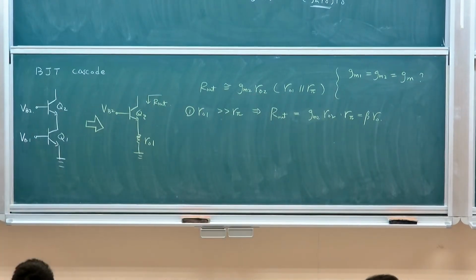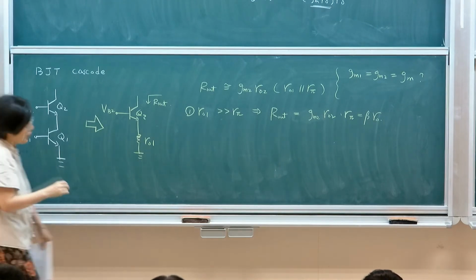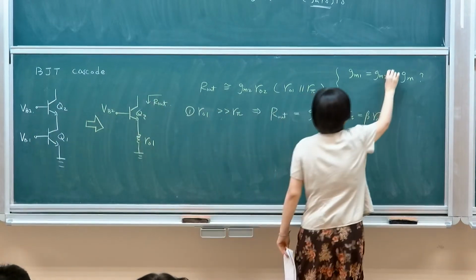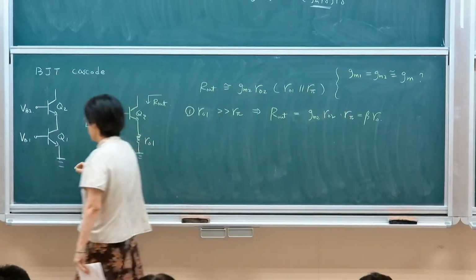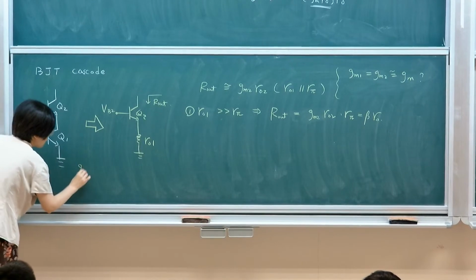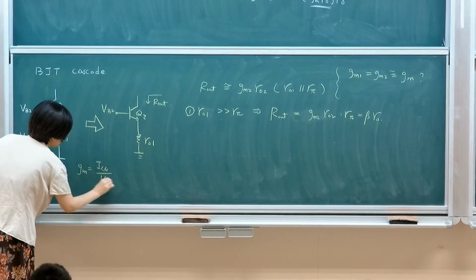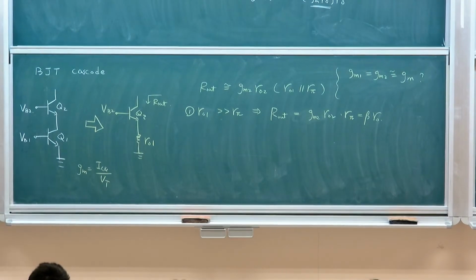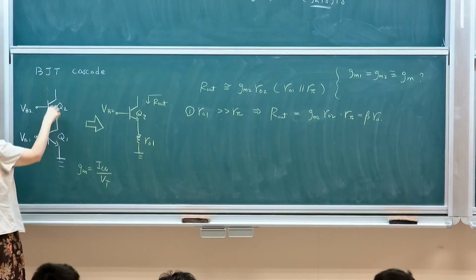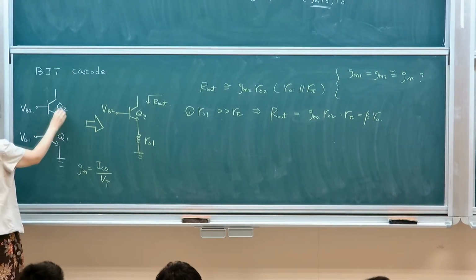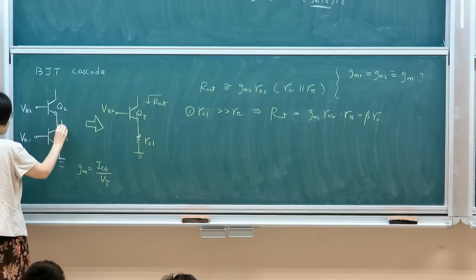What is the GM of bipolar? You still remember? I should say approximately. Yes. For GM is ICQ, right? So there's a slight difference in current because emitter current and collector current are slightly different.